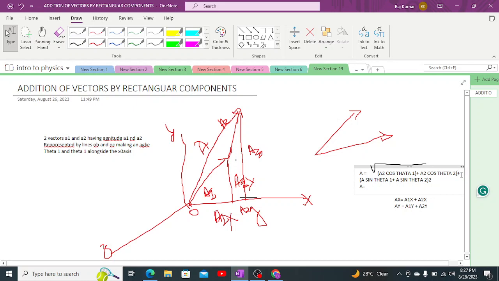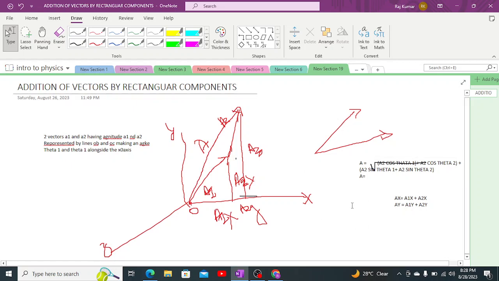Instead of writing square over here, we are going to eradicate it, and here A square sin theta 1, A square sin theta 2 will be the final product in order to find the value of the magnitude of vector A. And accordingly we can also find the direction.